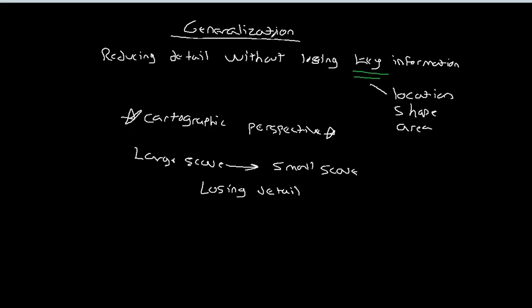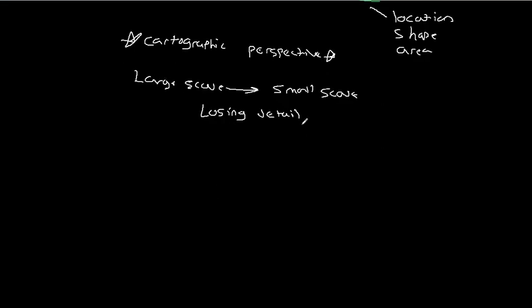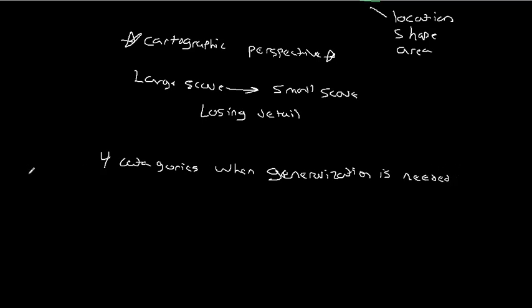Now, there's going to be a lot of cases that bring about this idea of generalization, and again, that's large scale to small scale. But those instances largely can be boiled down into 4 categories when generalization is needed.